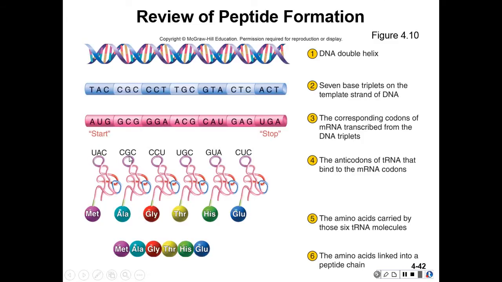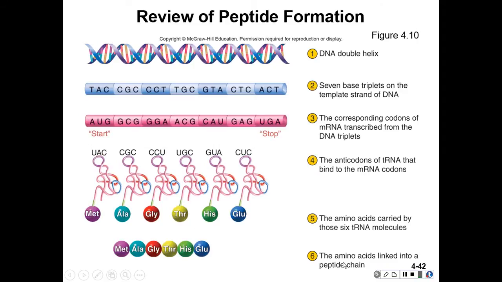It's going to carry them. And these are the same codons, the same base triplets that we used from the DNA to the mRNA. So the same ones transferred, and we're going to have these particular amino acids forming. Okay? So the amino acids are carried by these 6 tRNA molecules.